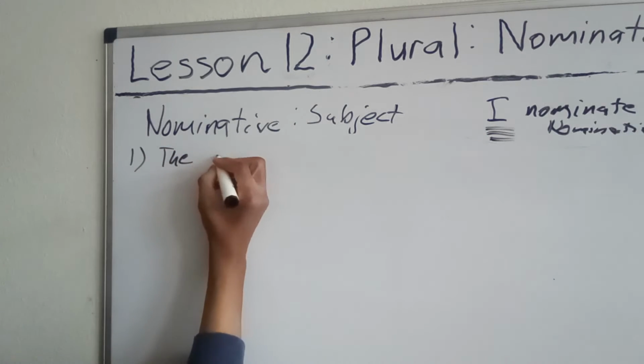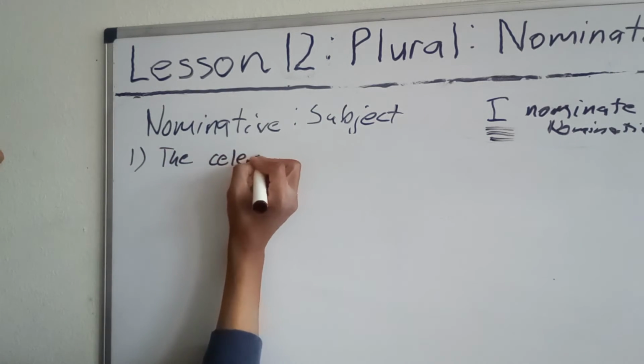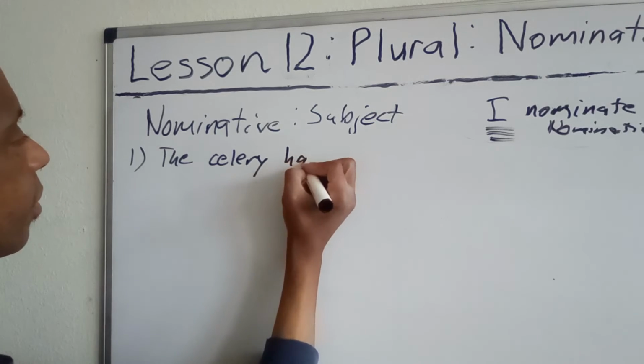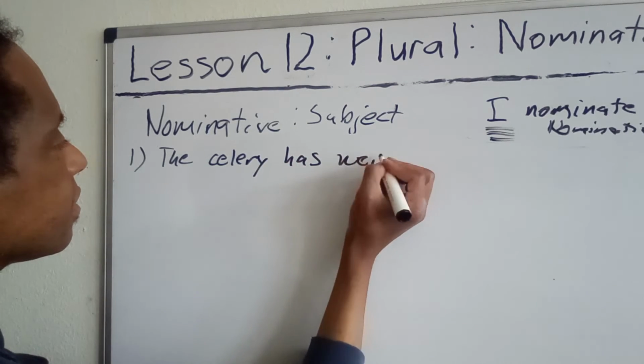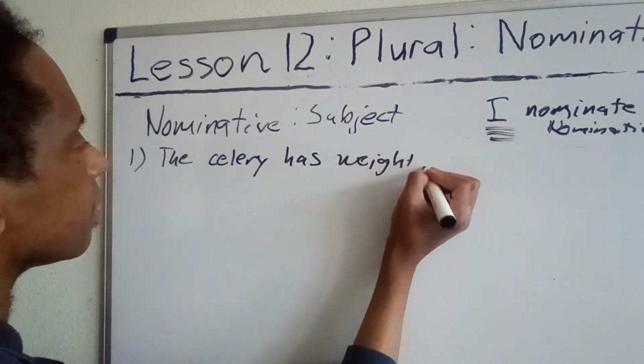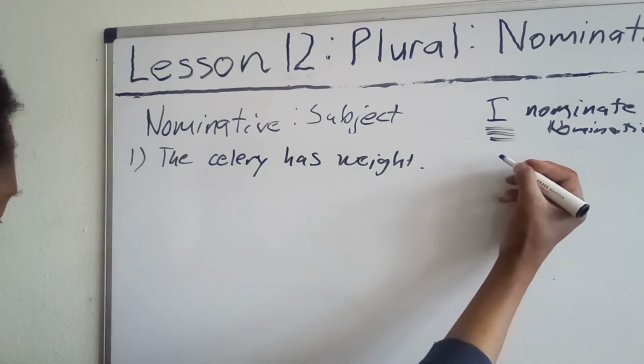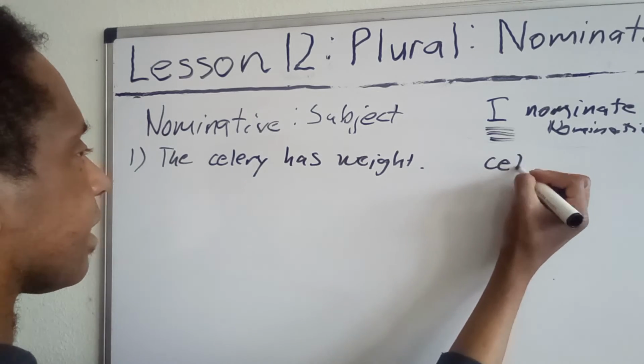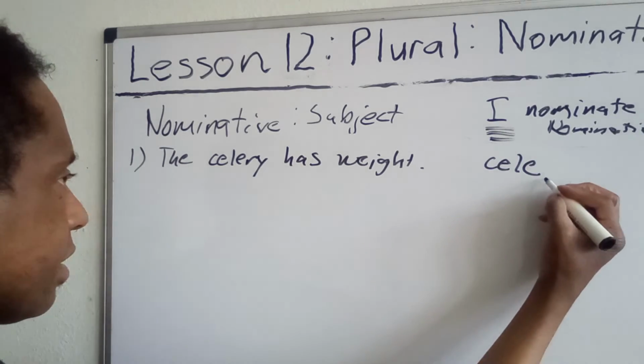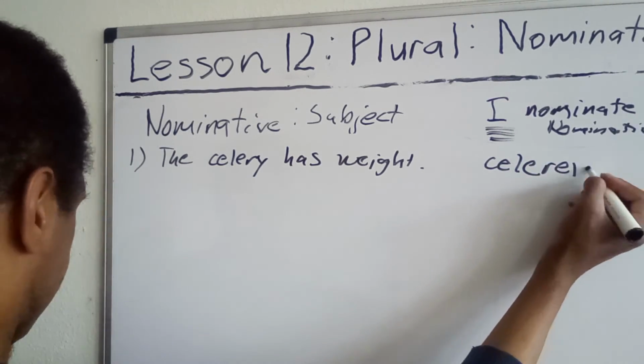The celery has weight. The way to say celery in Russian is celery.